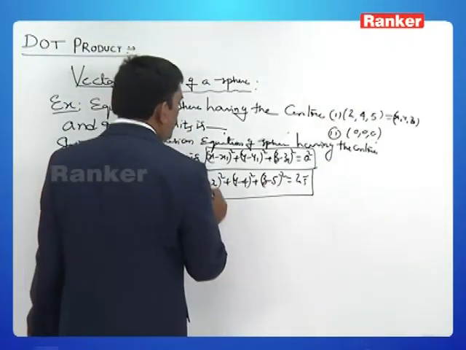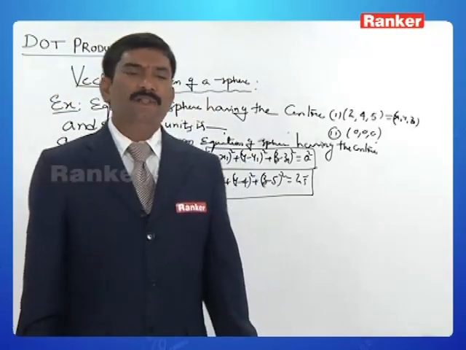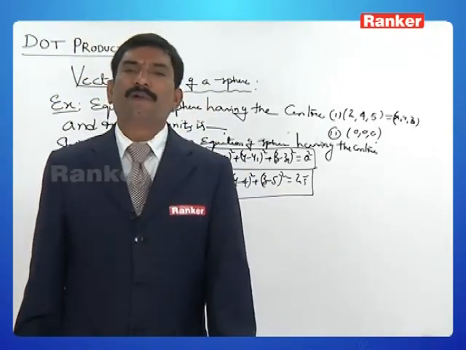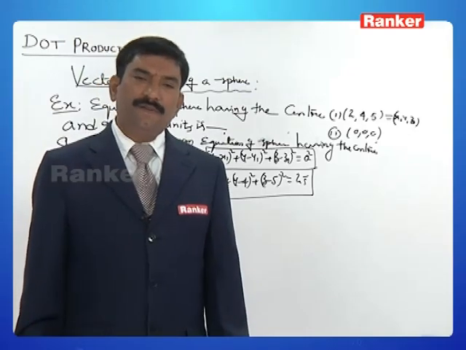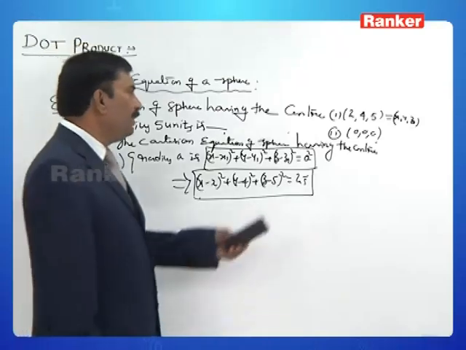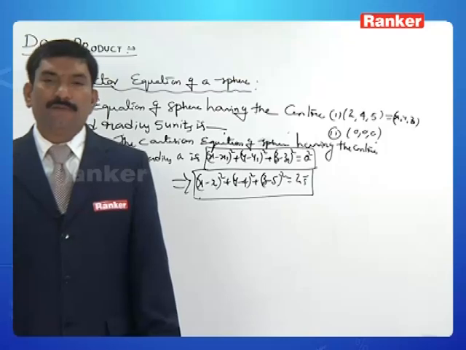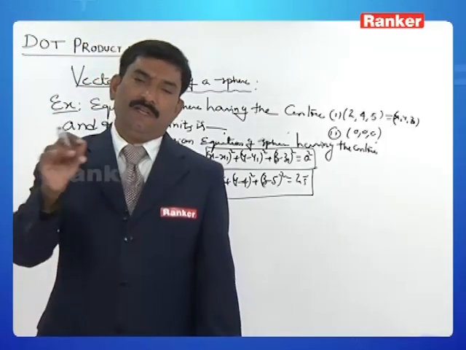This represents the Cartesian equation of a sphere having the center (2, 4, 5) and radius 5 units.